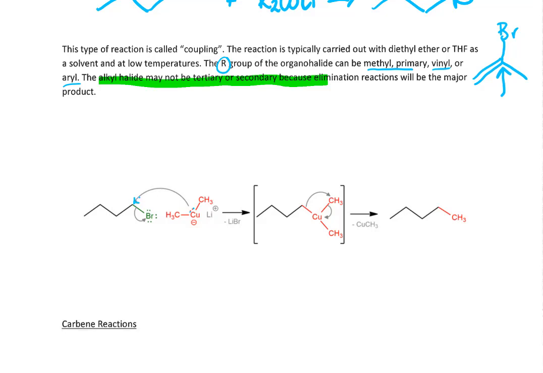It attacks your electrophilic carbon and you force out your leaving group. So that part's really typical of an SN2 reaction. The problem is the Gilman reagent that has the copper on it would then be in your final product. And so what ends up happening is a little bit of a rearrangement here so that you get that carbon-carbon bond at the end.